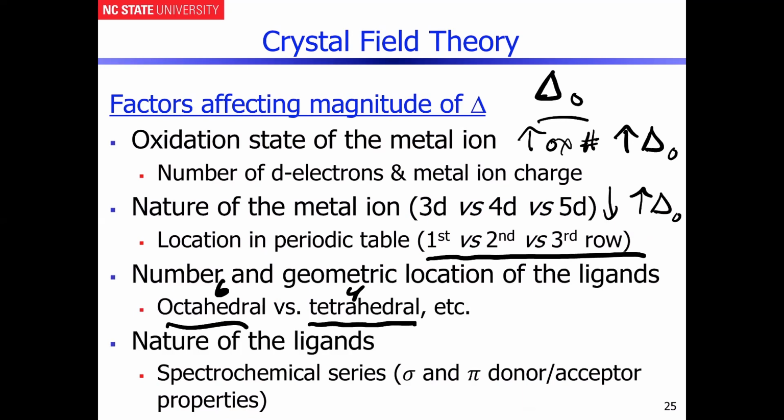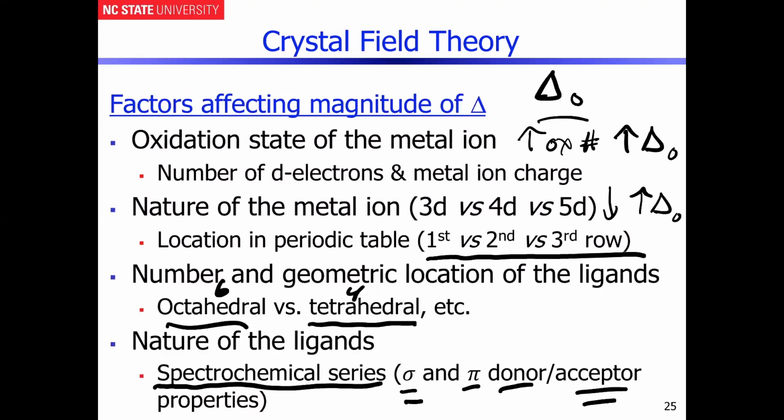And then finally, the nature of the ligands, of course, matters. That's going to correspond to the spectrochemical series, but specifically, and we will discuss this when we talk about ligand field theory next, this has everything to do with whether or not the ligands have sigma donor or sigma acceptor properties, and whether or not your ligands have pi donor or pi acceptor properties.